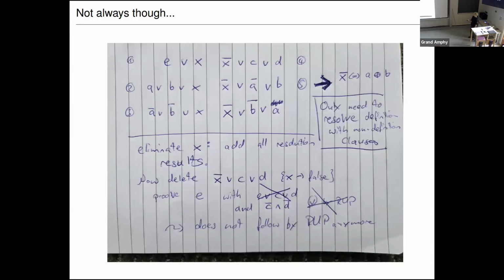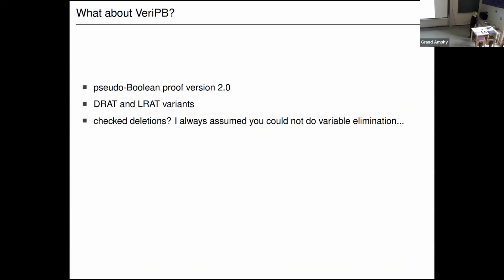If you have an XOR gate, it's actually sound to only resolve non-gate clauses with gate clauses, but this is not anymore derivable by reverse unit propagation, so you need subproofs. This is a slight caveat, and also the subproofs are the reason why checked deletion was not fully supported at the point where I implemented it. I think they concluded you could do it, but you might have to write subproofs. That might be annoying for you.